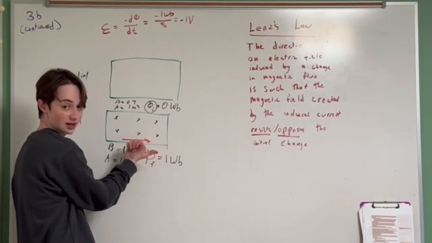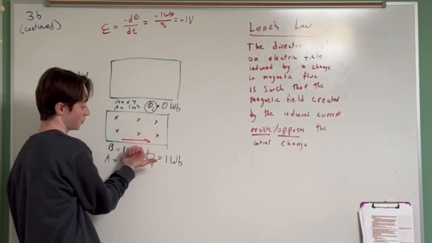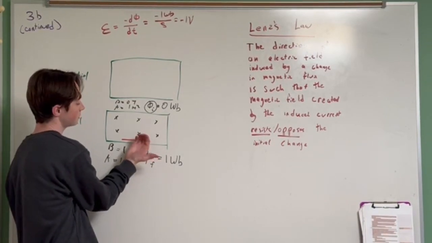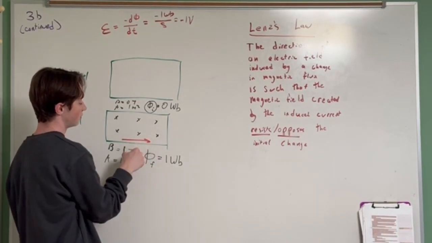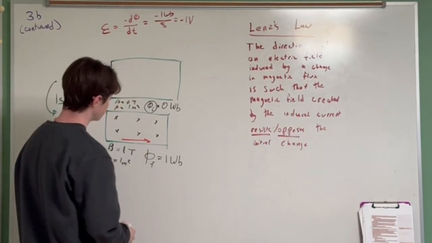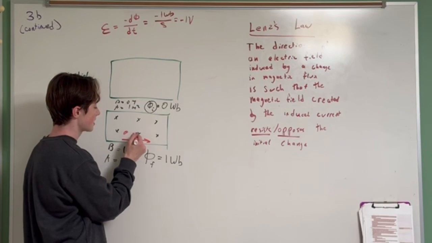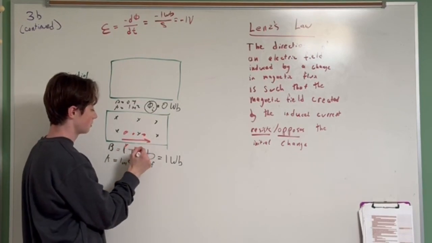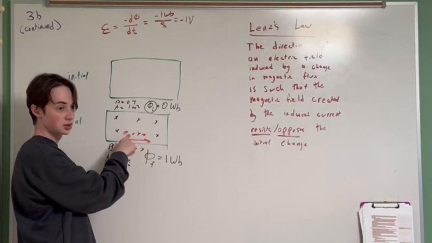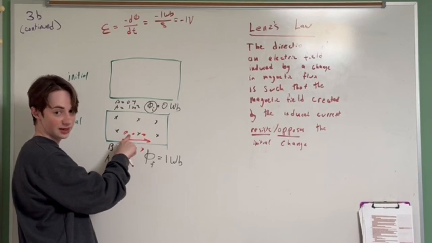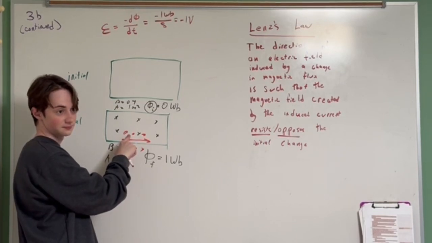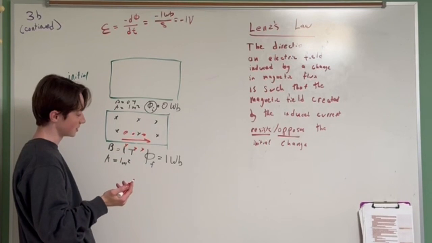Which way would the magnetic field be for this current? It would be going out of the screen above and into the screen below. So look at that. This red arrow creates a magnetic field that opposes the change in magnetic flux. Okay, actually that makes sense. It's kind of cool.